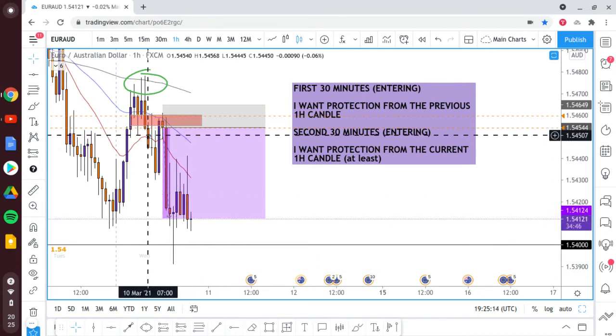So I've got that already in my head. I've got that. If I can't trade with that, I'm going to look at another pair. I'm going to look at another trade. I'm going to wait. And that just takes so much out of my mind in terms of, if this, what about this, what about that?